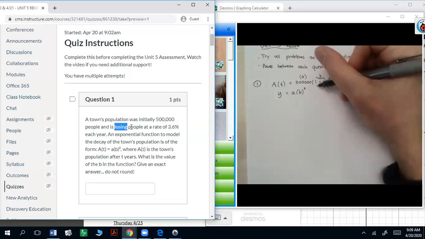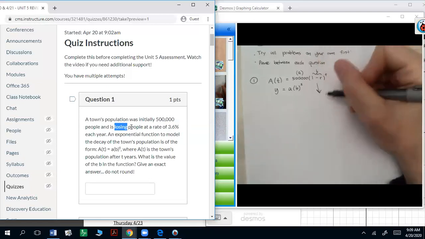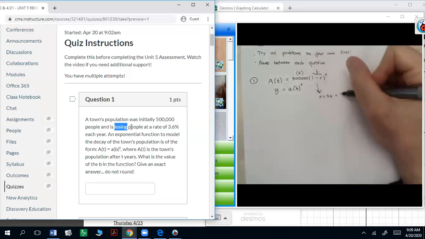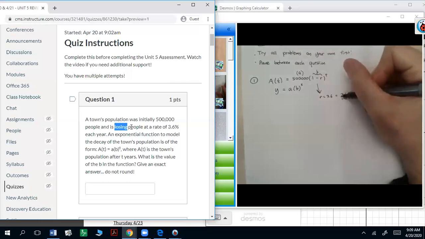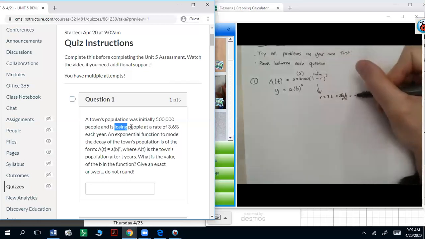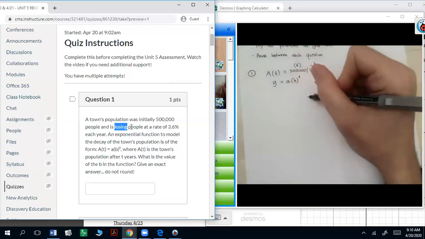Our goal is to figure out what is that number after I subtract the rate. So since my rate is 3.6%, I want to first convert that to a decimal. I'm going to move that decimal over 2 places to the left. So it's going to be 0.036. And then I'm going to take that and subtract it from 1 since it's losing.